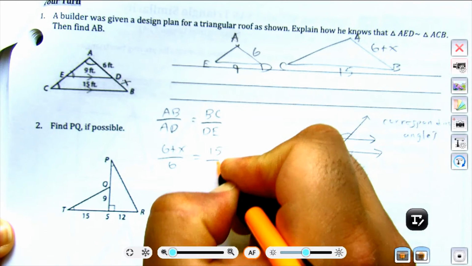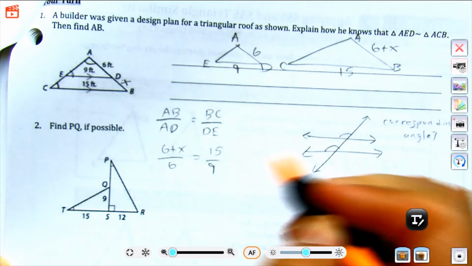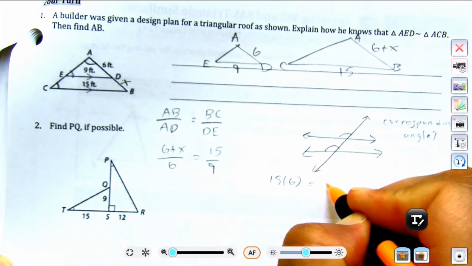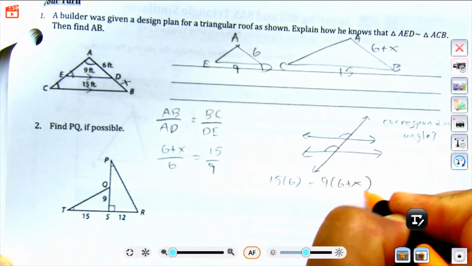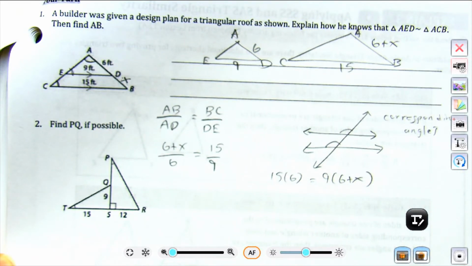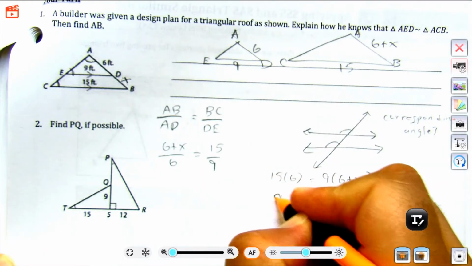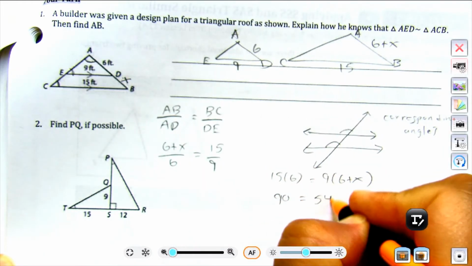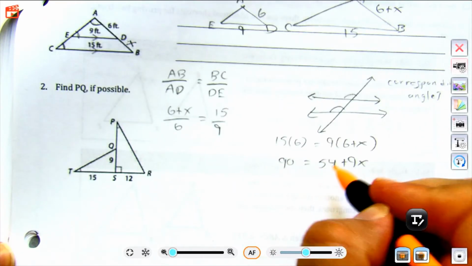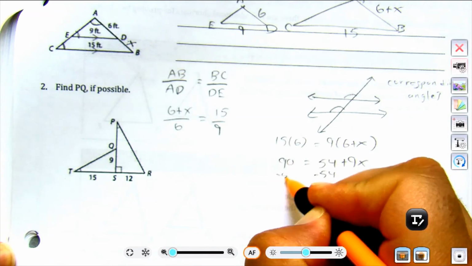Cross multiplying, you get 15 times 6 is equal to 9 times 6 plus X. 15 times 6 is 90. So you get 90 is equal to 54 plus 9x. Subtract 54 from both sides, and you get 36 equals 9x.